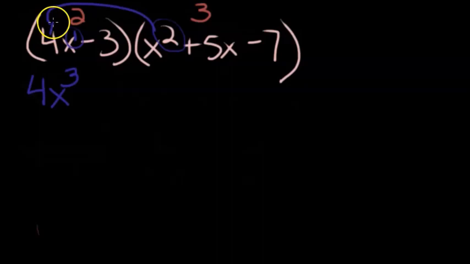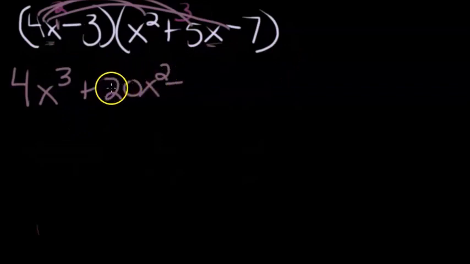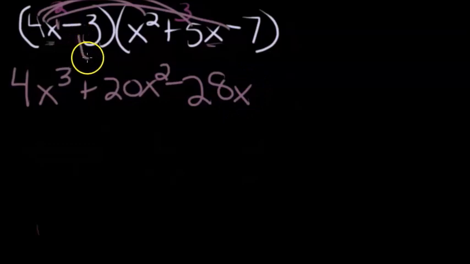Then we have 4x times 5x. This gives us 20x squared. Then we have 4x times negative 7, which gives us negative 28x. Then we have to do our inners, which is negative 3 times x squared, which is negative 3x squared.